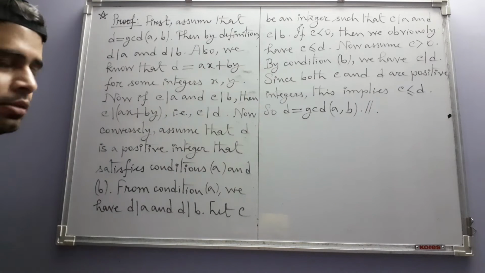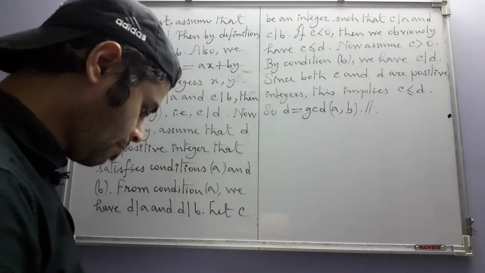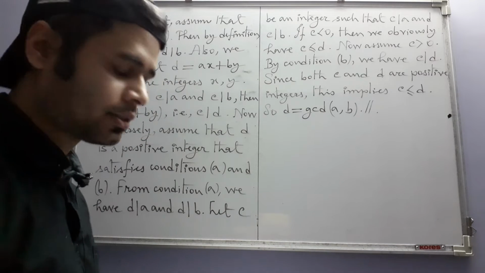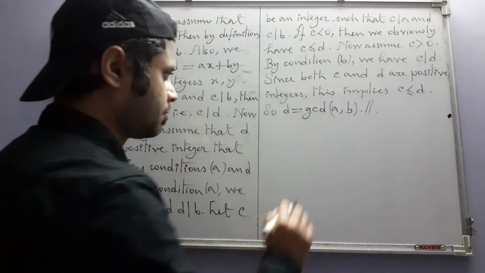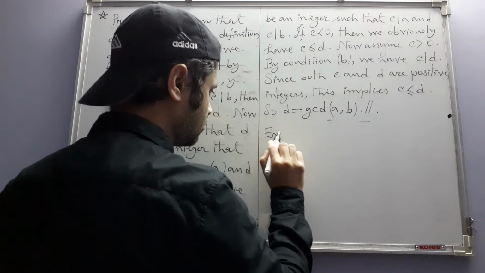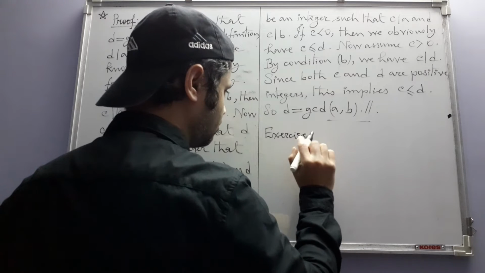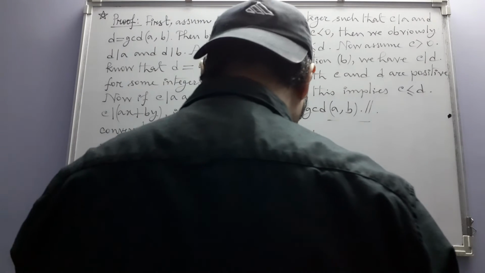This completes the proof, and it also completes this section. Let us now go to the exercises. So the first few will be very easy, nevertheless we will solve them.